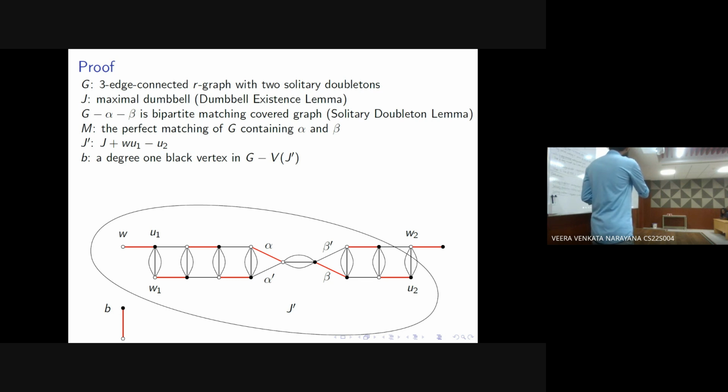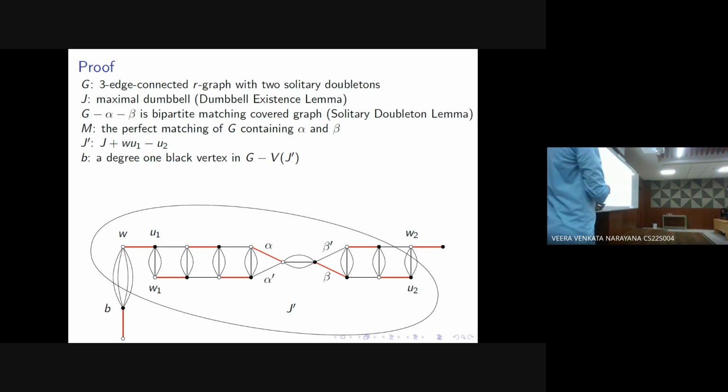We are supposed to add only to white vertices because this is a bipartite graph. The only exception is alpha and beta. And if you observe carefully, all the white vertices are already saturated other than these two, W and W1. So one possibility is maybe we can add like this, but we'll get a 2-edge cut. So this is not a good choice. So the remaining possibility is this.